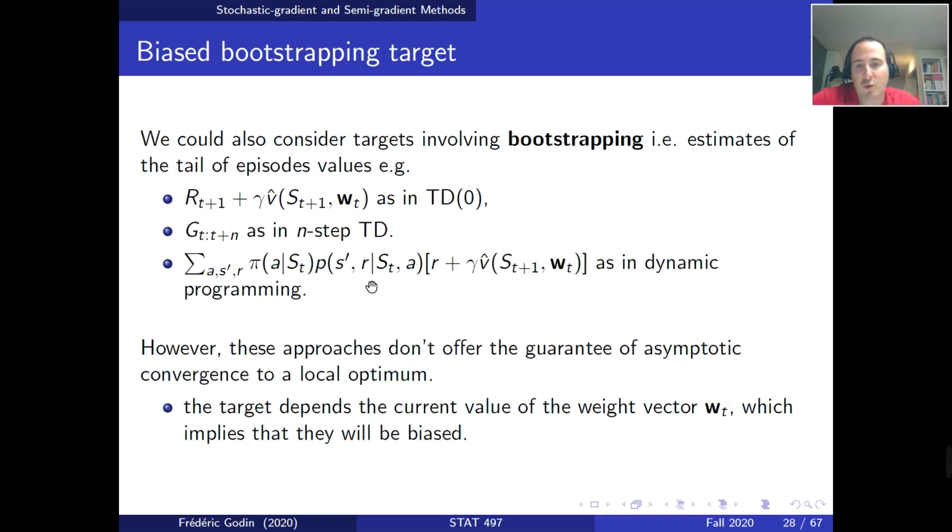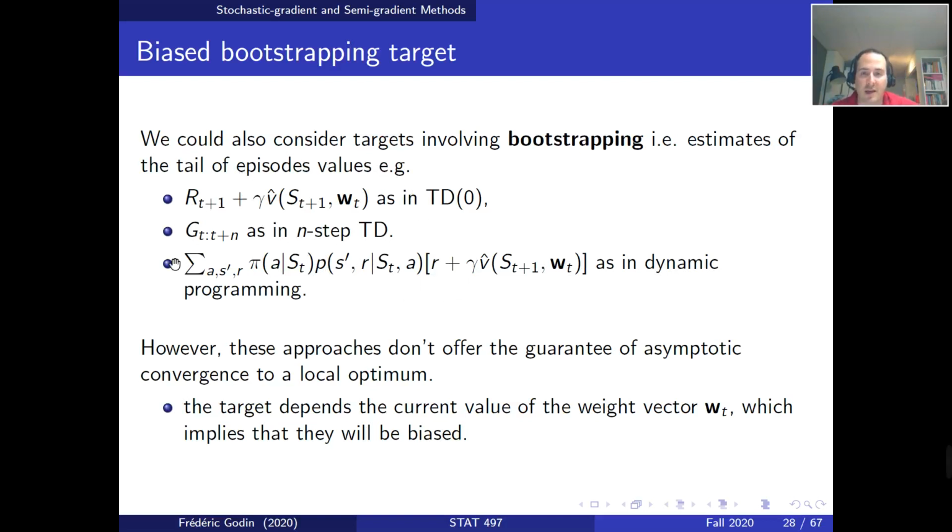Typically, this summation should not be too large. Of course, if it is too large, you can use random sampling over actions and next states, but again, this is possible. But in this course, we'll typically focus on traditional reinforcement learning targets, which are these ones. So we won't rely on transition probabilities, which are often unknown for many reinforcement learning problems.